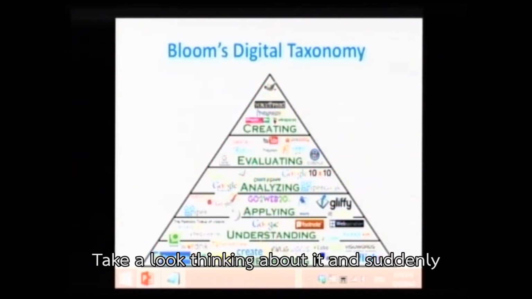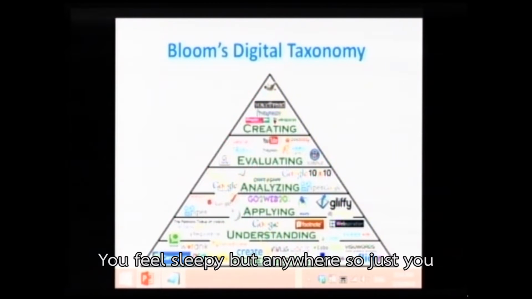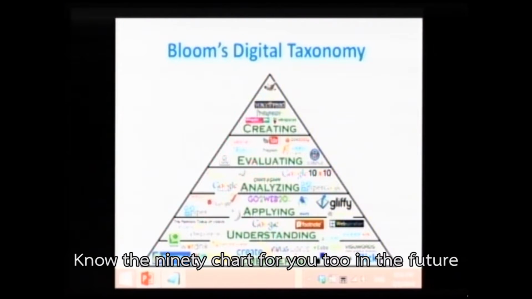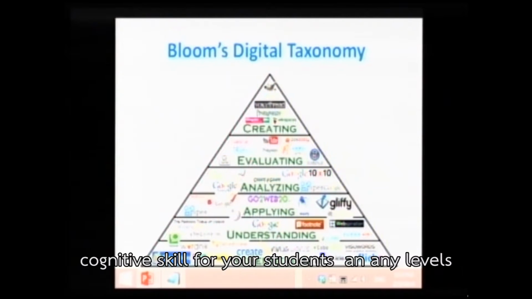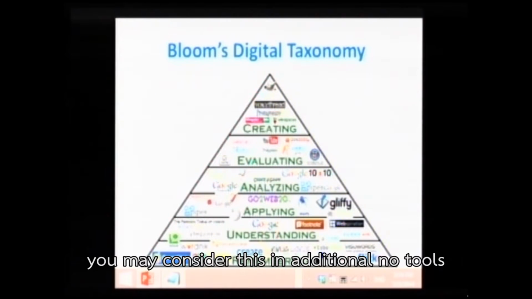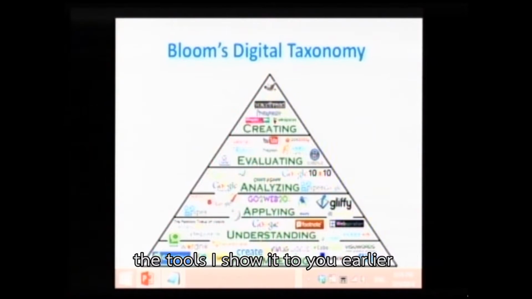You may take a look before going to bed, and suddenly you will feel sleepy, right? But anyway, it is a nice chart for you in the future. If you want to develop any cognitive skill for your students at any level, you may consider this in addition to the tools that I showed you earlier.